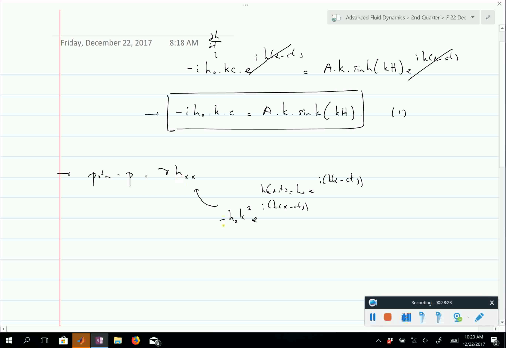So this term will give you a minus h naught times k squared, and this P is from Bernoulli. So now we're using unsteady Bernoulli at z equals 0, right? We look at the pressure underneath the surface.